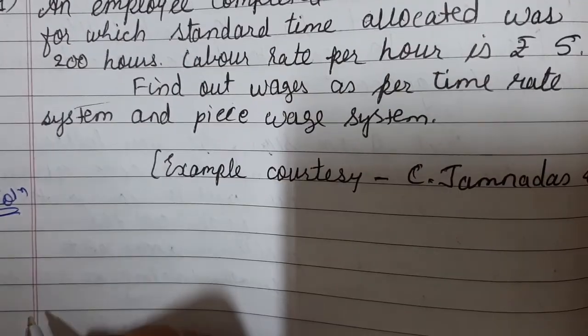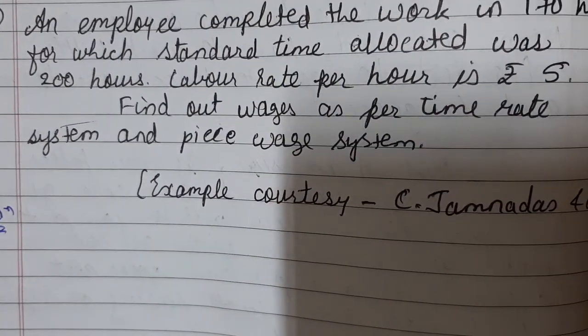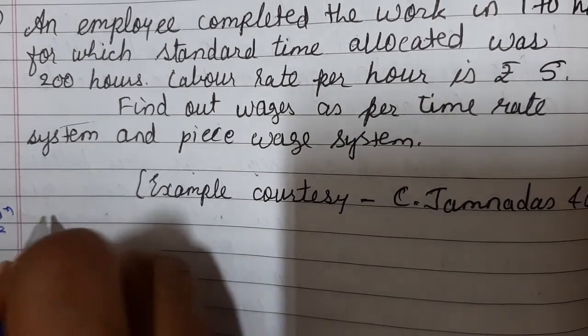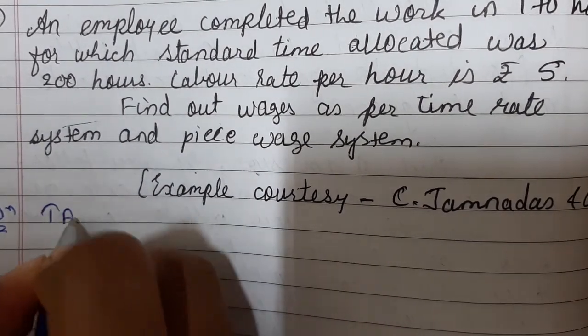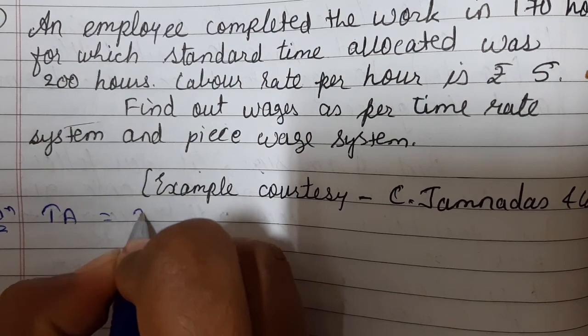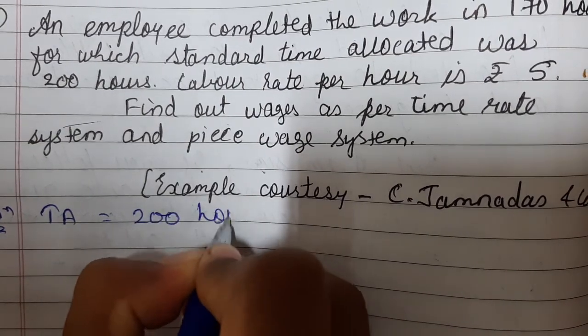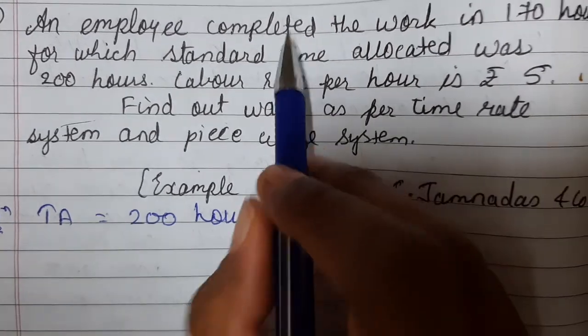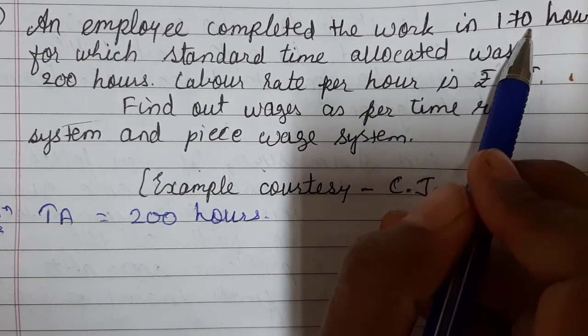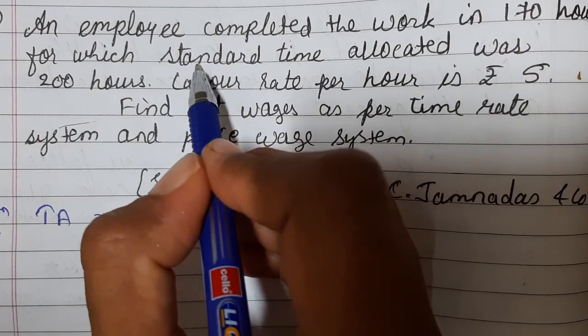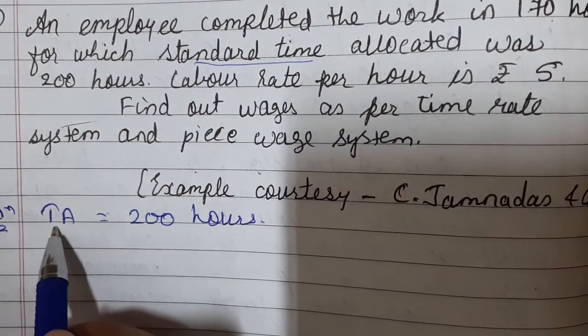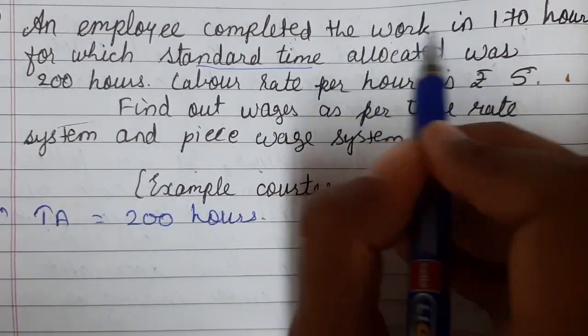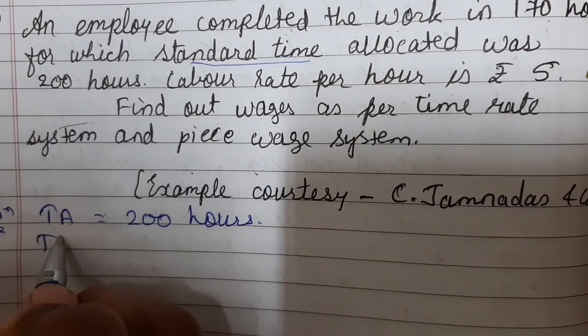Before starting with the formula, we need to write down time allowed. Time allowed was 200 hours. Then the worker completed the work, which means this is time taken. Standard time is called time allowed and completed work time is called time taken.